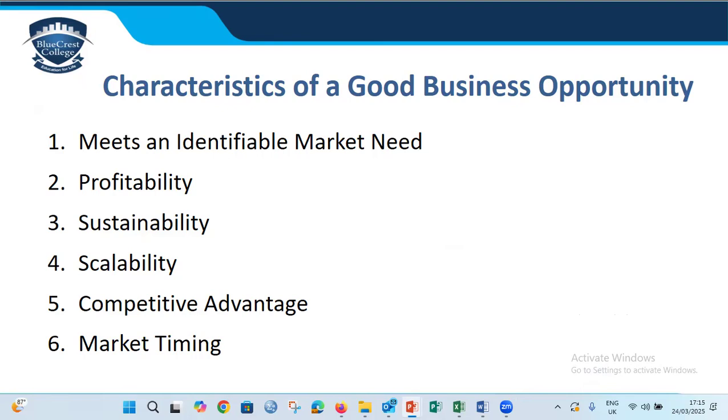It should be profitable and sustainable. You should be able to scale up that opportunity on the market. You should be competitive and have a competitive advantage. There should be something about your idea that makes people want to align with you and your organization rather than any other entrepreneur.